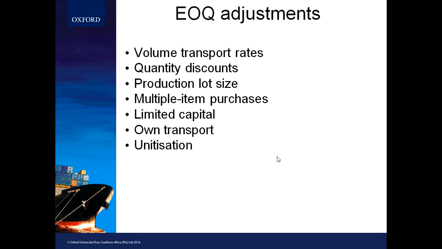You can refer to the textbook also for more examples given there, I think page 236 or 237, I don't remember. You can understand it more clearly from there. So these are some of the EOQ, economic order quantity, adjustments that are usually done, which have their own repercussions.